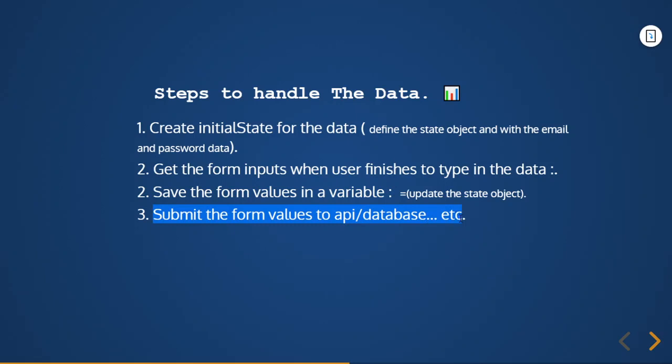Then the third part, which is easy, is just submit the form to an API. This is just simple work. This is a very basic breakdown of how to log in. You get the data, you get the form, you store them somewhere, then you submit the values to the database.